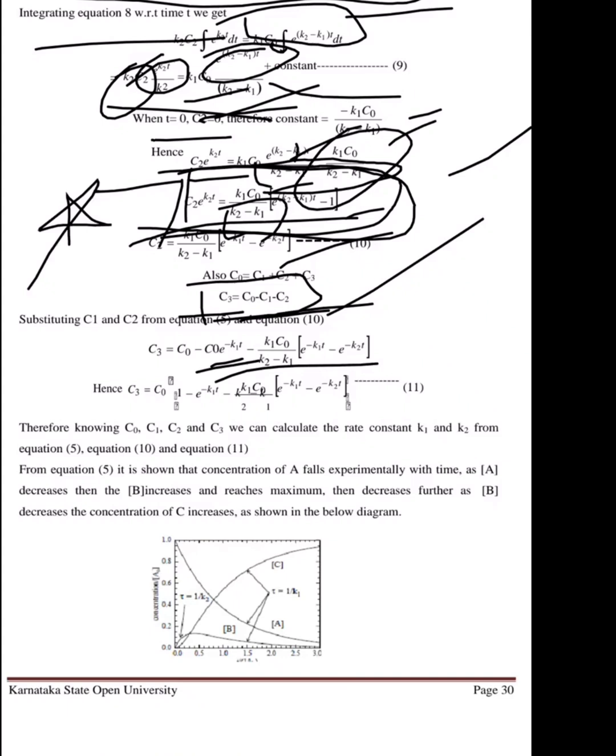And further C3 is equal to C0, in the bracket. C0 is taken common here, and 1 minus e to the power of minus K1t, minus K1 C0 divided by K2 minus K1.